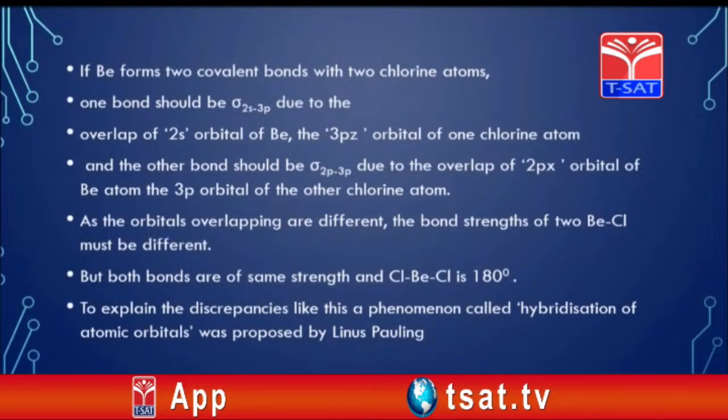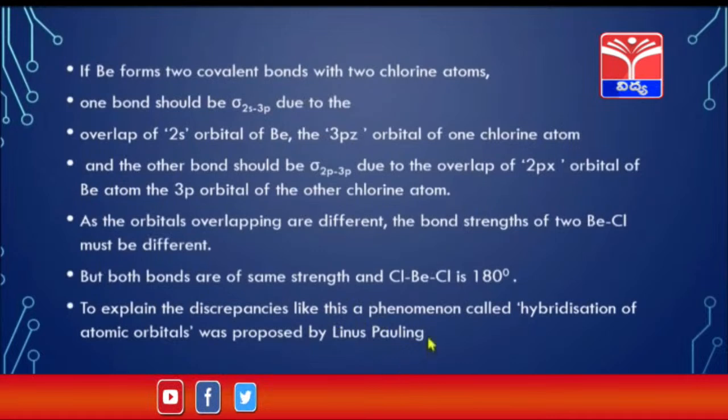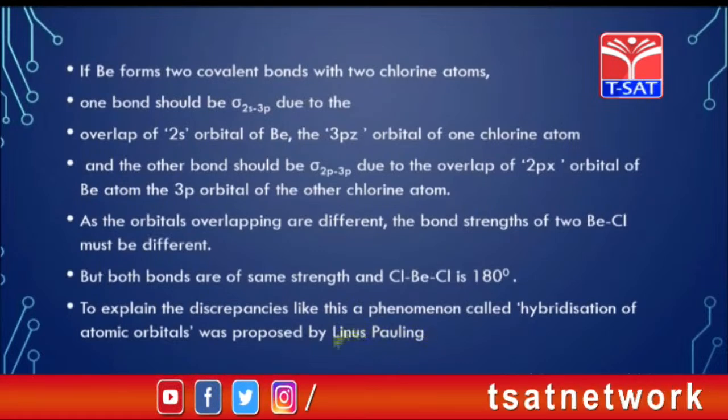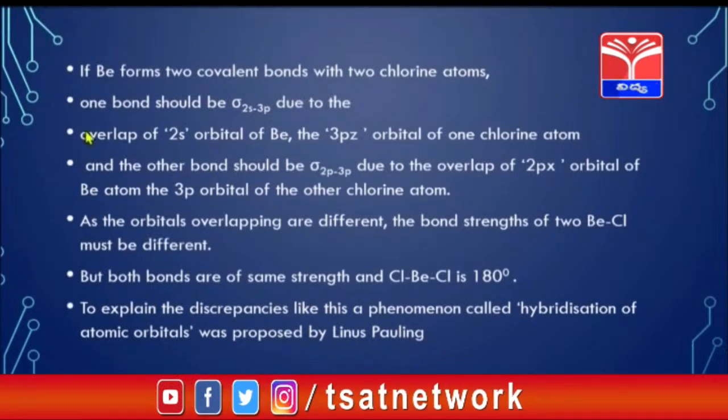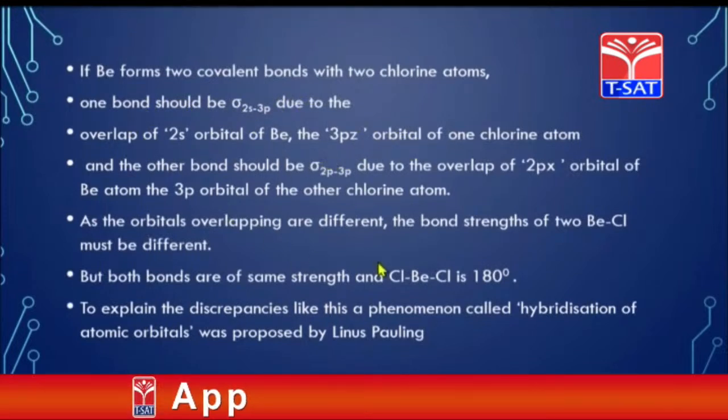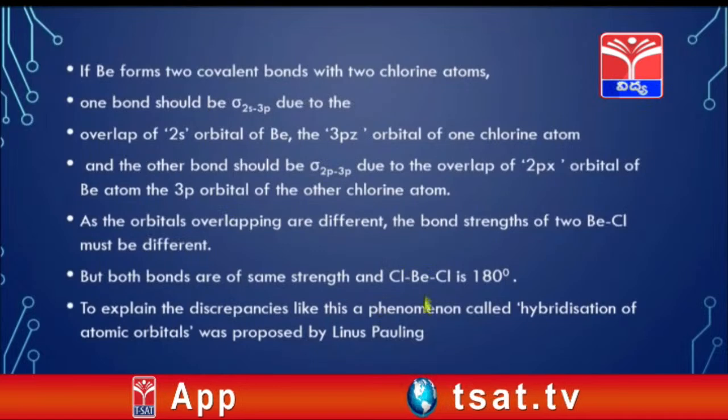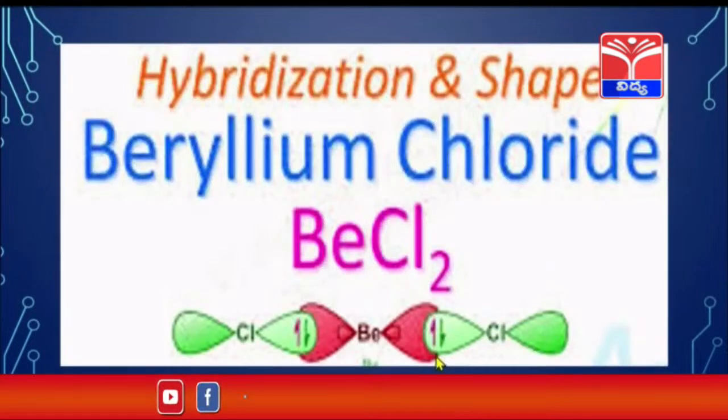And there comes the topic of hybridization. It was proposed by Linus Pauling. According to Linus Pauling, the s orbital and the p orbital of the beryllium atom overlap with each other, forming a hybridized orbital. So the concept we are going to start is hybridization.